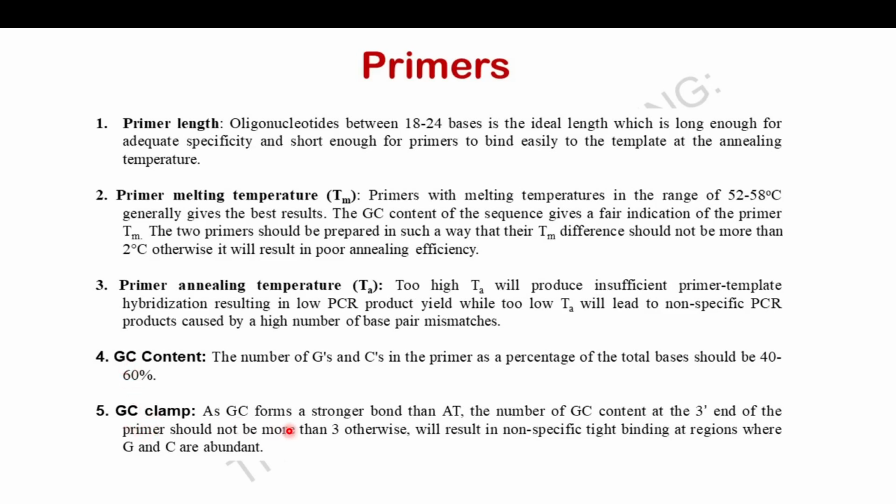Then there's the GC clamp. As GC forms a stronger bond than AT, the number of GCs at the 3' end of the primer should not be more than 3. Otherwise, it will result in non-specific tight binding at regions where G and C are abundant, because GC forms three hydrogen bonds and AT forms two. All right, so the GC bond is stronger than the AT bond.